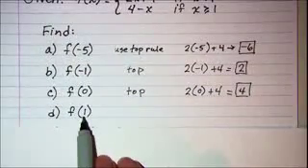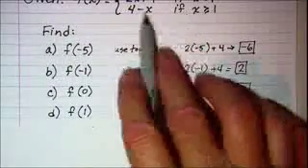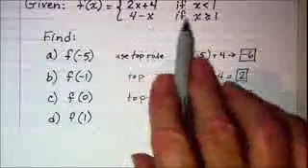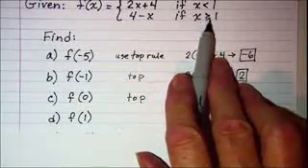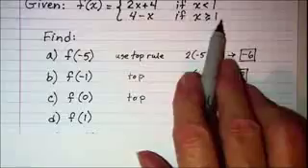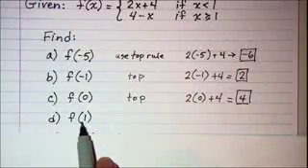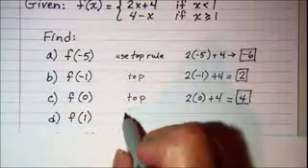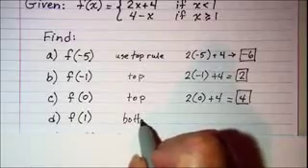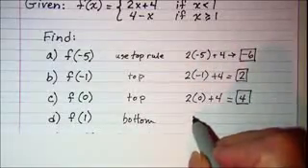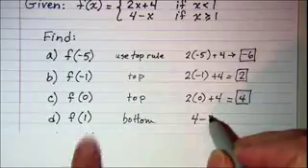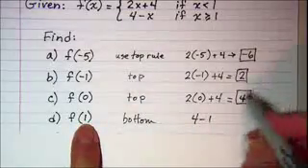For f of 1, notice that we have to use the bottom rule if x is greater than or equal to 1. So x is equal to 1, so we use the bottom rule. And we have to evaluate 4 minus 1, since x is 1.